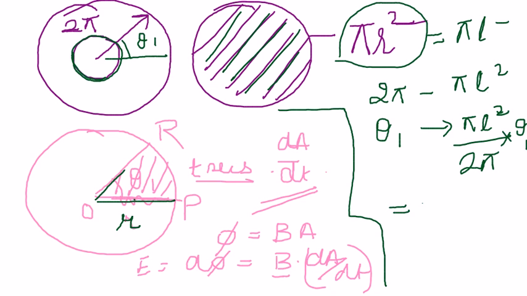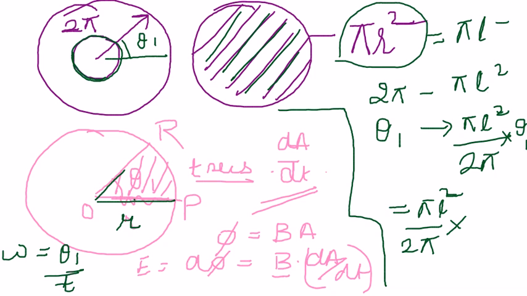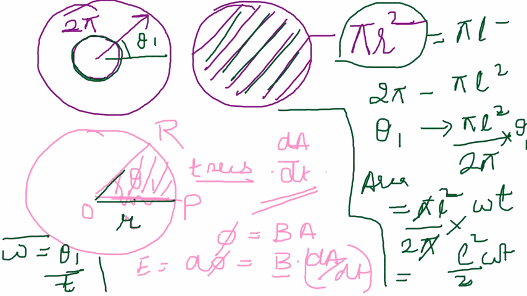In other words, pi L square by 2 pi into theta 1, where theta 1 is nothing but omega t, because angular speed is equal to angular distance by time. Simple distance by time formula. So pi cancels and we have the area covered as L square by 2 omega t.